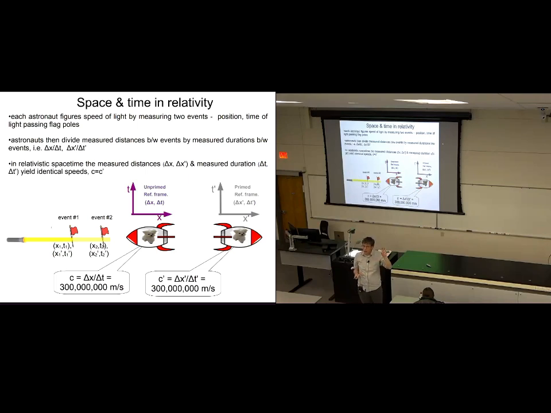And so we've got to fix up space and time if we're going to explain the speed being absolute for light. And so that's what we're going to do.